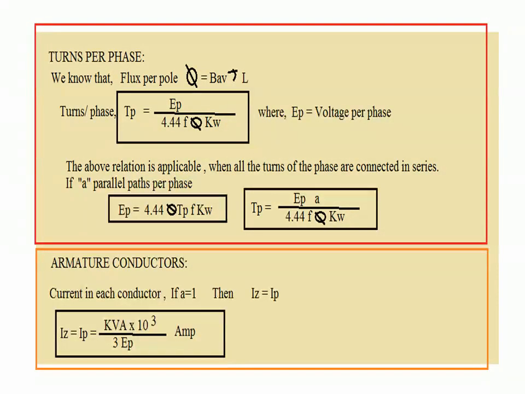Next important design part, turns per phase. Armature turns per phase. We know that flux per pole phi equals B average into tau into L. From this expression, you can estimate turns per phase Tp equal to Ep divided by 4.44 f phi Kw, where Ep is phase voltage, phi is flux per pole, and Kw is the stator winding factor.